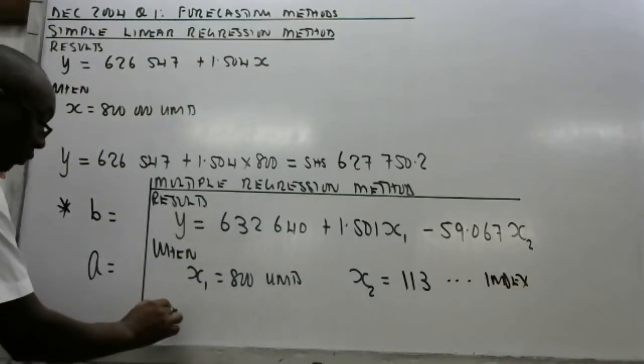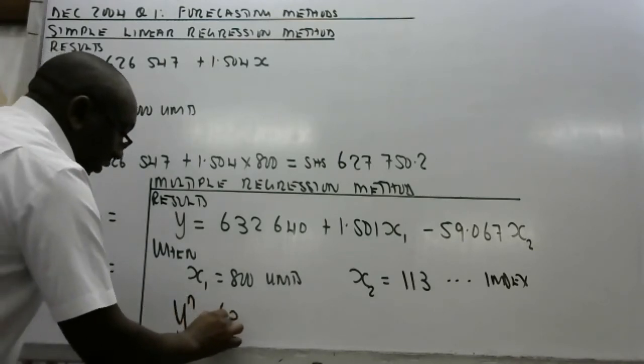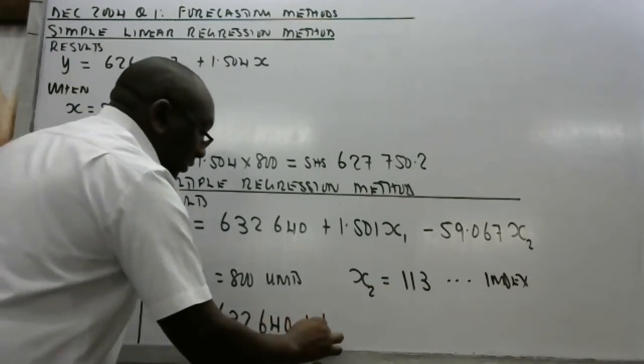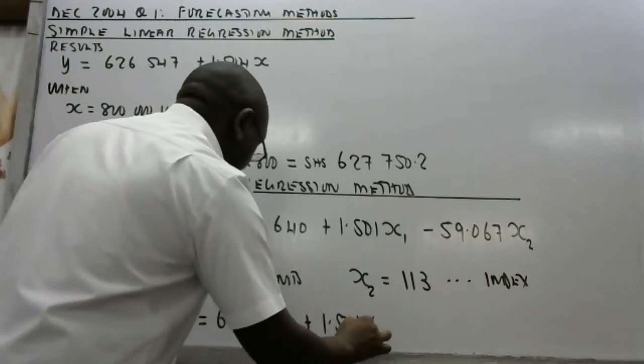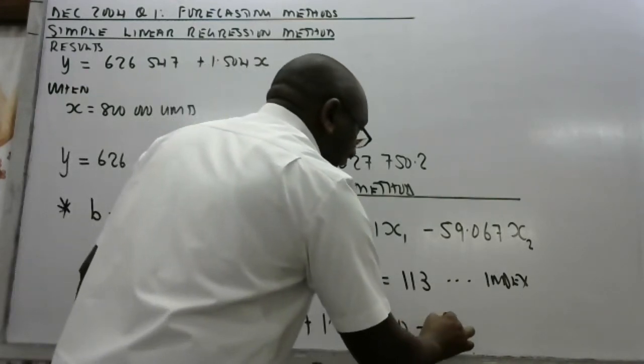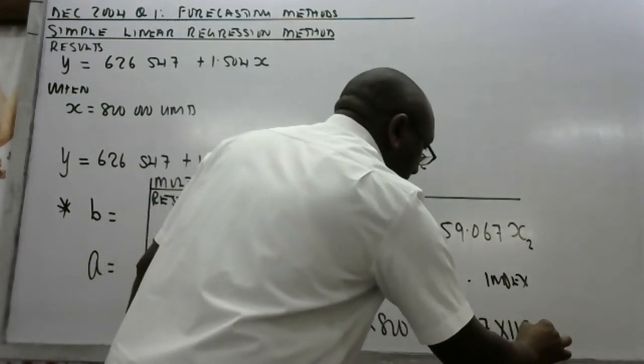So then the predicted overhead Y should be 632,640 plus 1.501 times 800 minus 59.067 times 113.